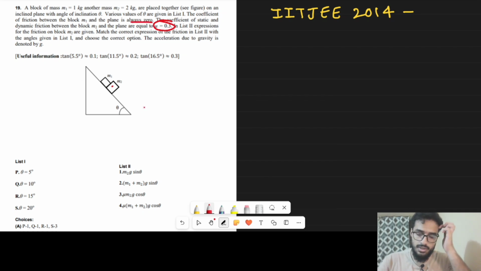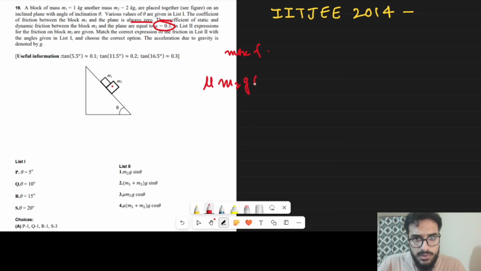Fine. So if we want these two masses to stay on the incline, can we say the maximum friction is mu times normal? What is the normal for M2? Because only M2 is having friction. So M2 g cos theta, the component of gravity in this axis, will be cos theta.